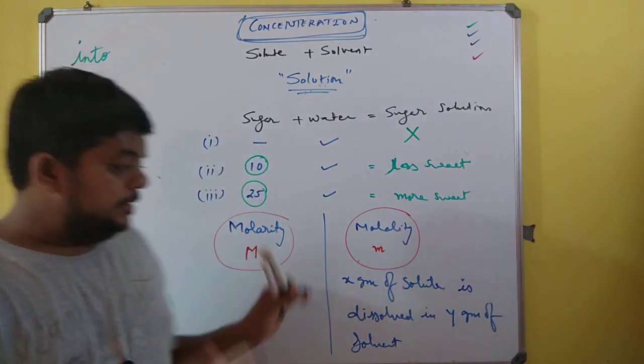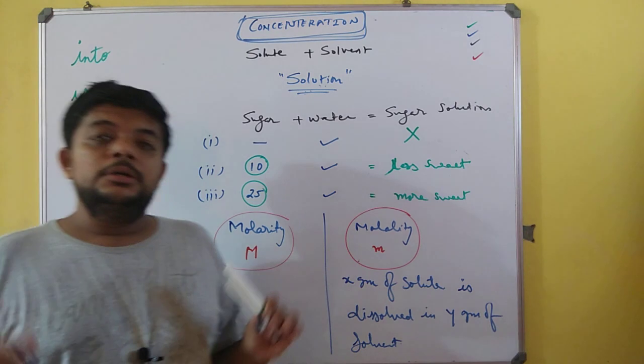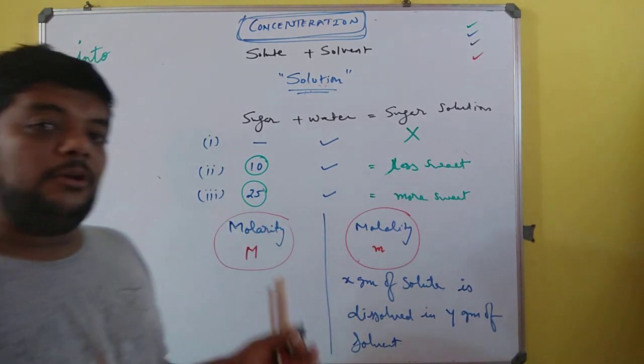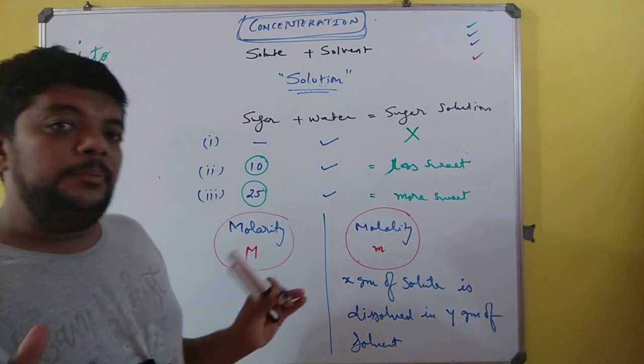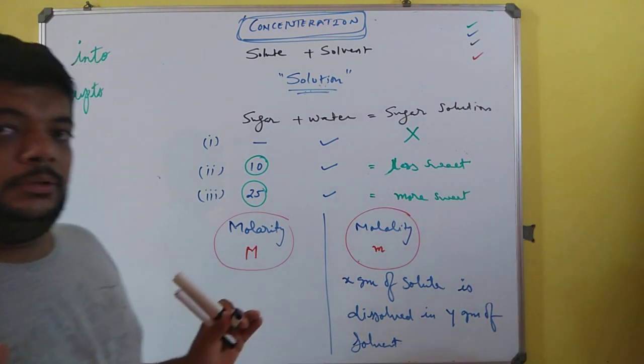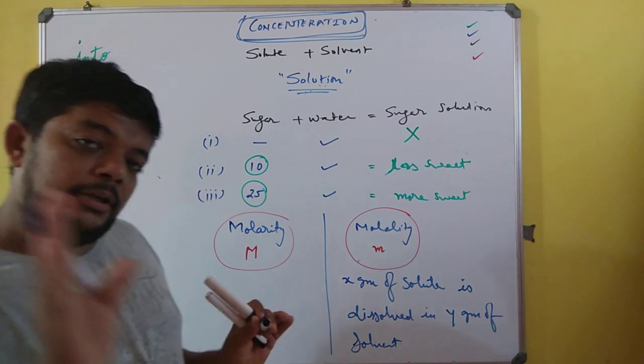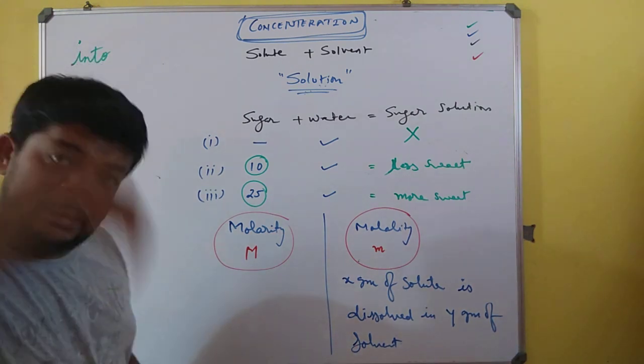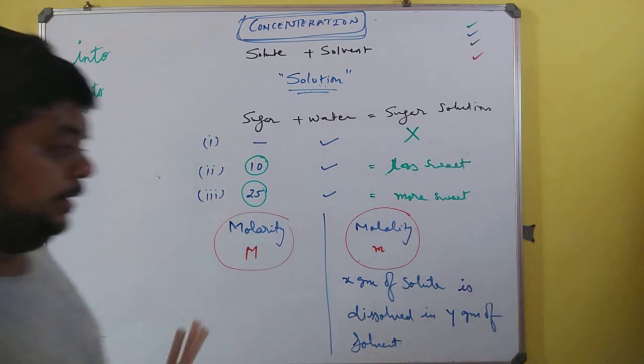See, these statements need not be similar to some of the text or references. It should be clear to understand in terms of concepts. So x gram of solute is dissolved in y gram of solvent.